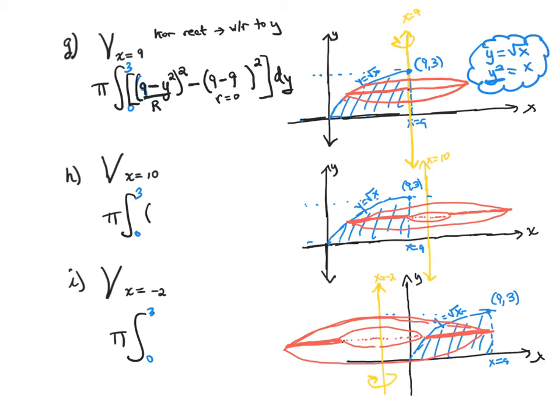So the next one would be the axis of revolution. Okay, so I could even set this up. Minus squared, right? Okay, now the curve furthest away from the axis of revolution is still the square root function, so I'll put y squared. Let me erase that.